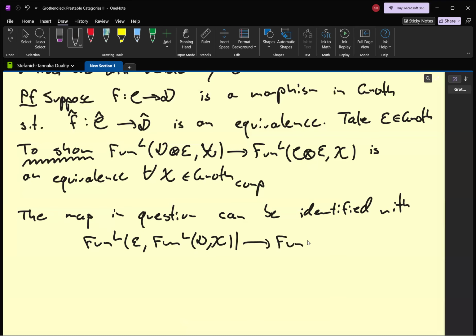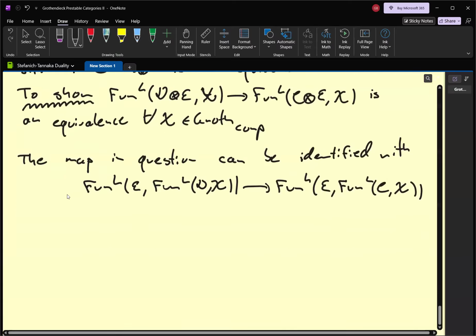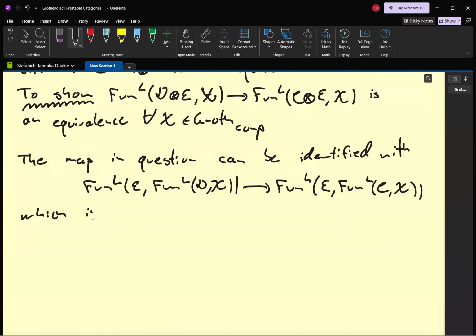But now I can interpret this map, which is induced from post composition by the map like this.